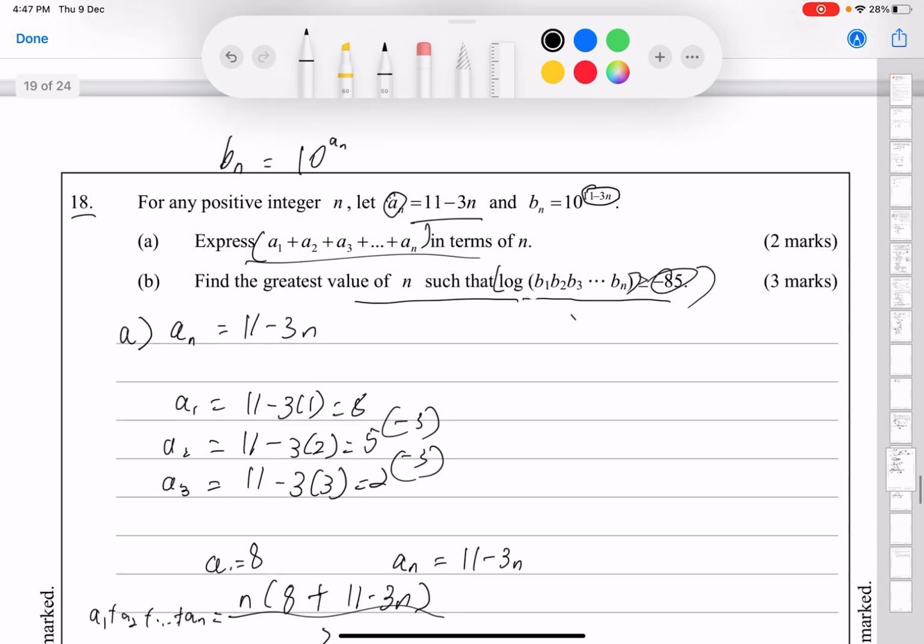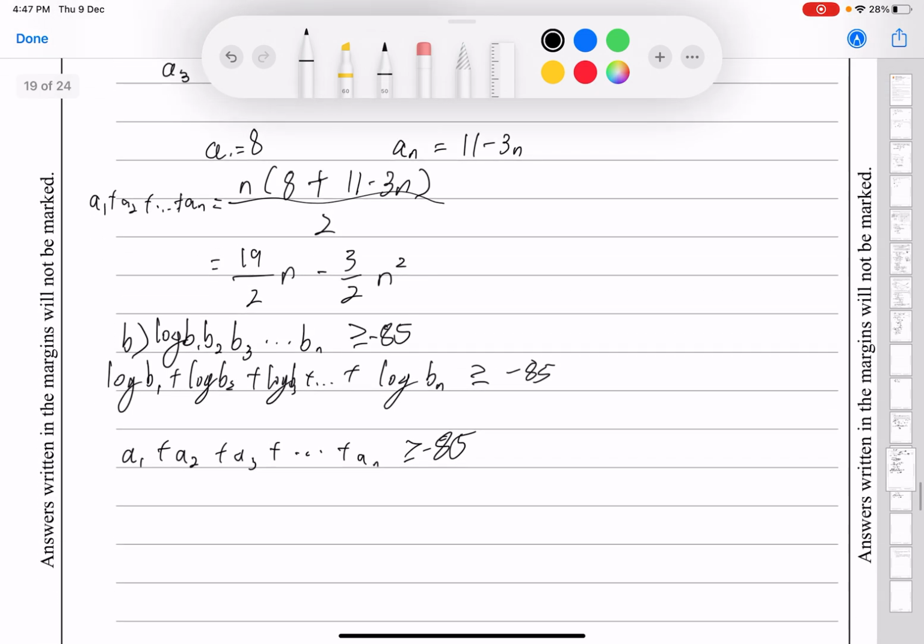Because we know that the base here is 10, log base 10 of 10 to the power of an actually equals to an times log 10 base 10, and this one is equals to 1.